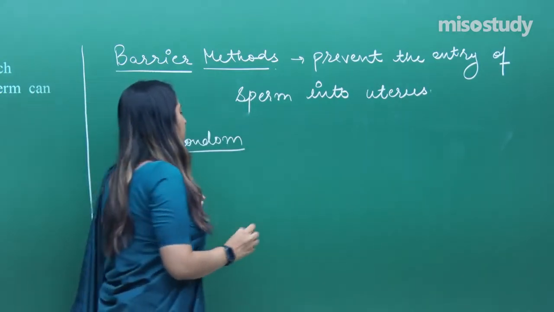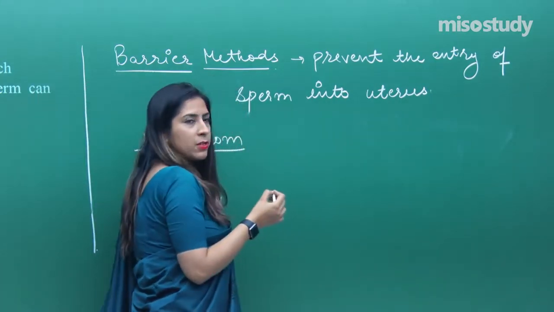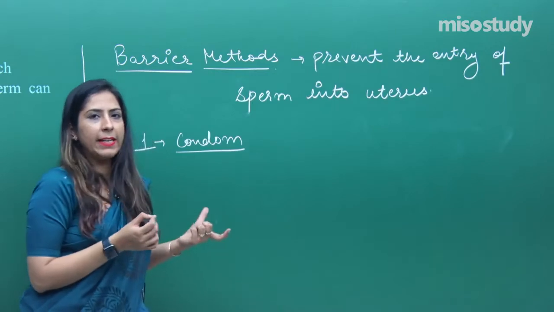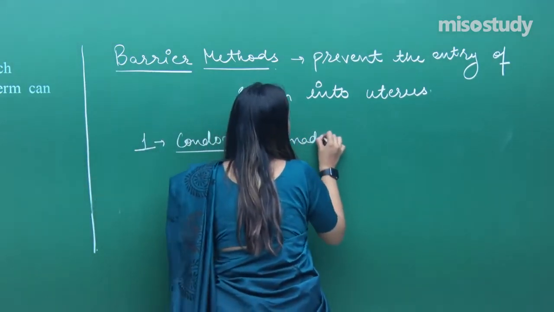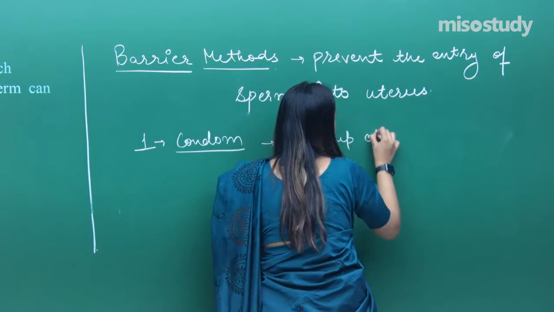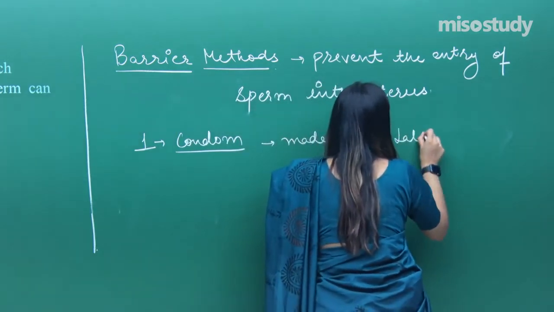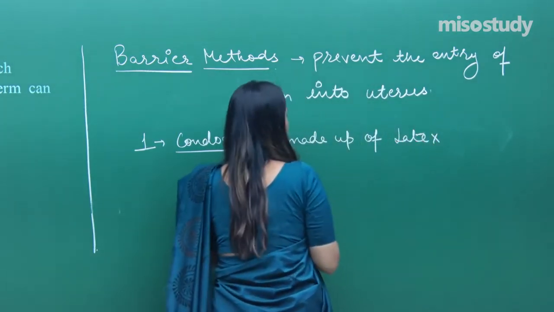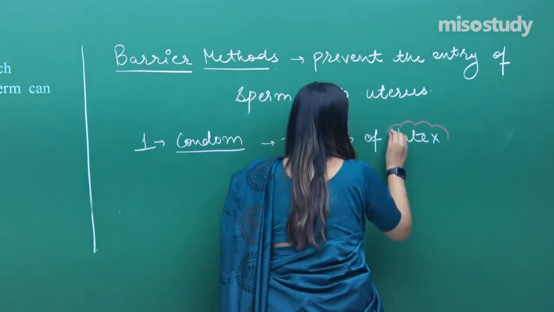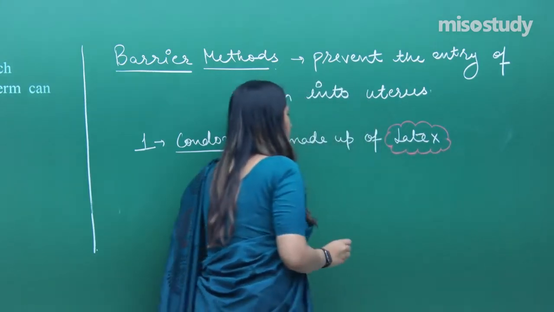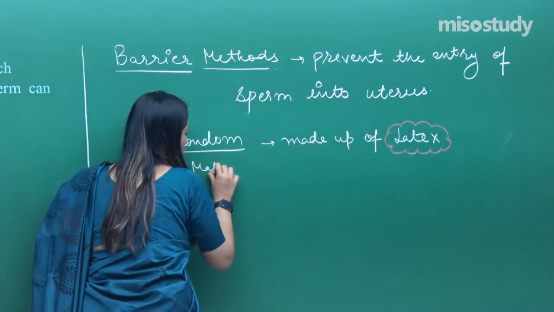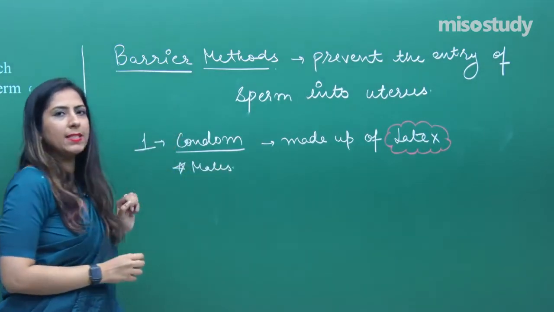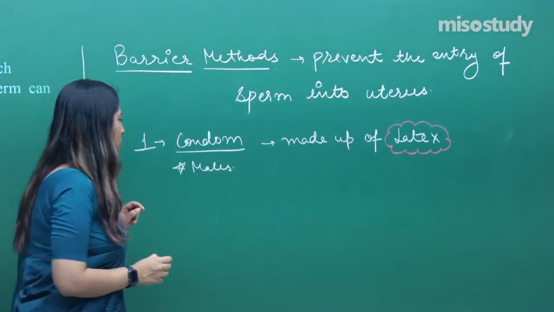This is used by males. Some female condoms are also there, but we are talking about the normal latex condom. It is made up of latex, used by males, and it prevents the entry of the sperm into the fallopian tube.